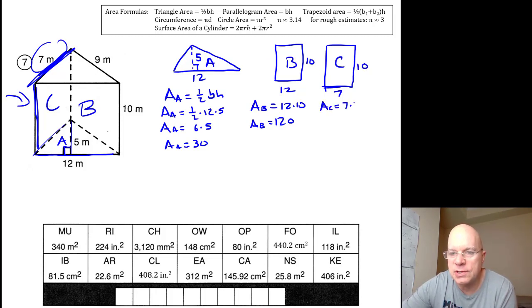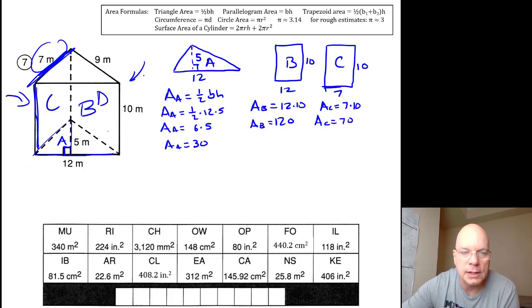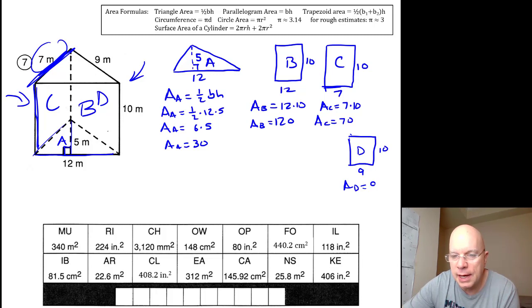So the area of face C is 7 times 10, or 70. D is this one over here. I'll sketch that here. Of course, it's going to have a height of 10, a base of 9 for face D. So the area of D is 9 by 10, or 90.